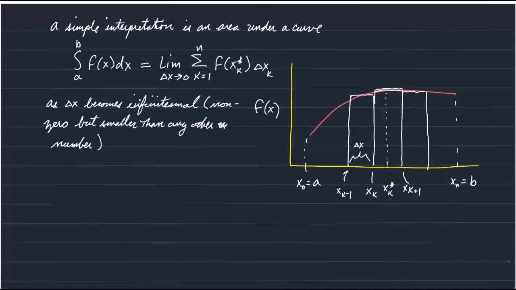And as delta x becomes infinitesimal, then delta x can be written as dx, and the sum becomes an integral. That is, we can replace the sum with the integral sign.